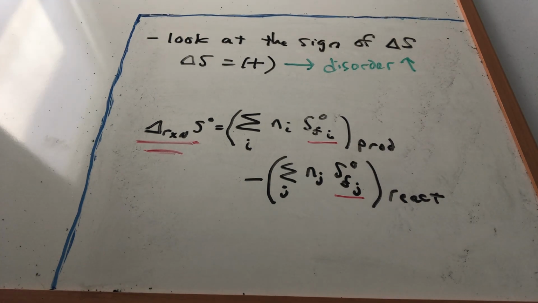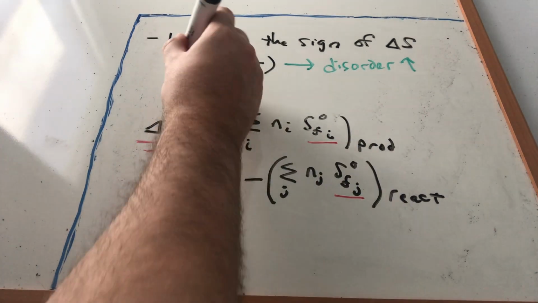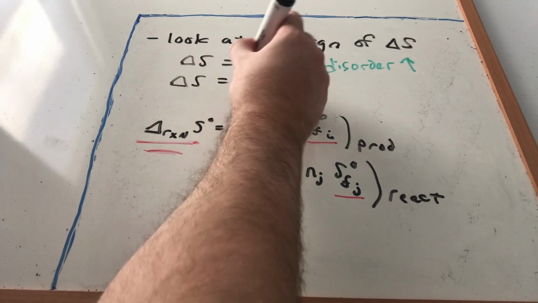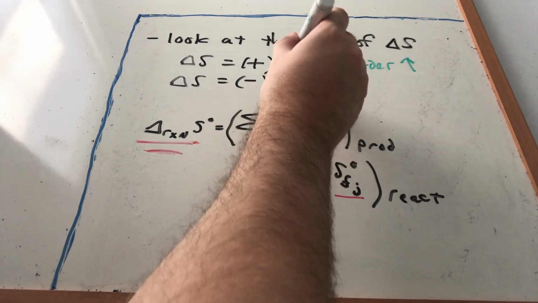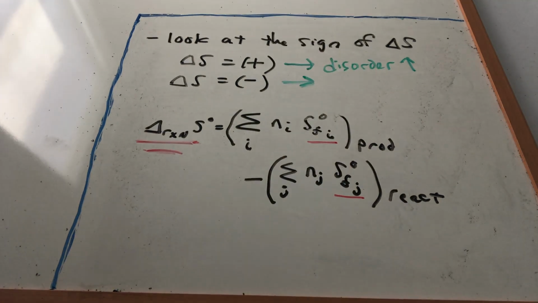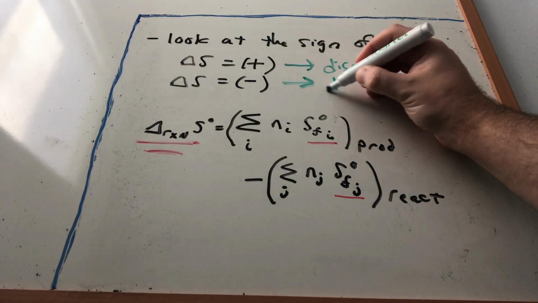When you look at delta S without a subscript, when we're talking about delta S for the system, the only information it gives us is disorder information. Sometimes you'll do this math, and you'll get a delta S that's negative. When a delta S is negative, that means order increased because disorder decreased.